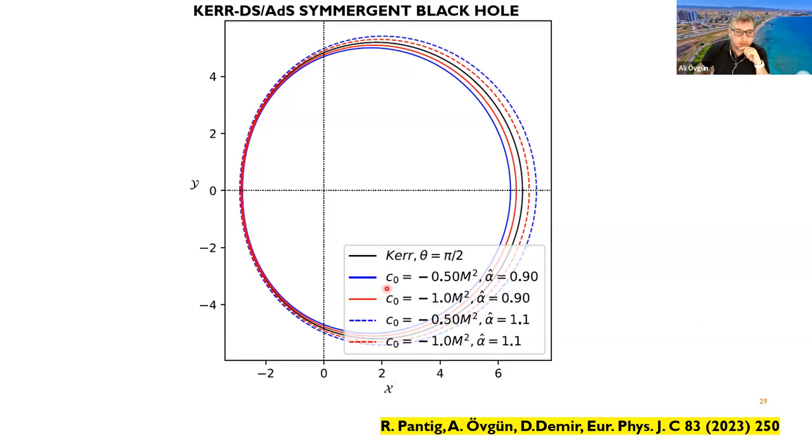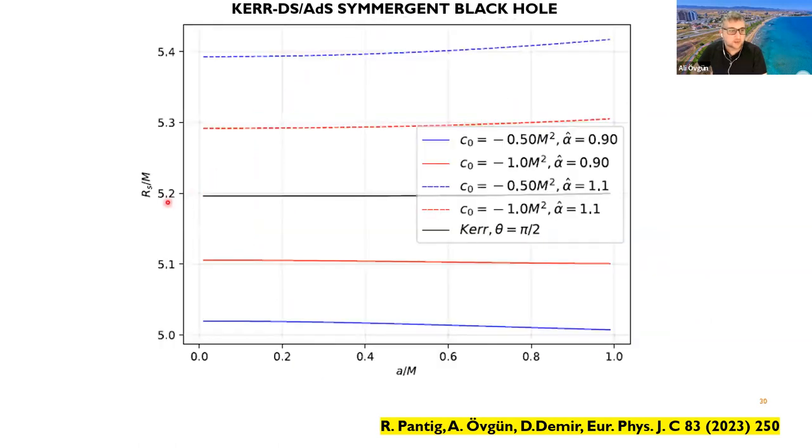For example, for constant alpha, C0 is minus 0.50, but when C0 becomes -1, the shadow size increases. Also in this plot, we make a shadow radius versus A parameter, and when you zoom in, you can easily see how the shadow radius is changing. The change is very slow.